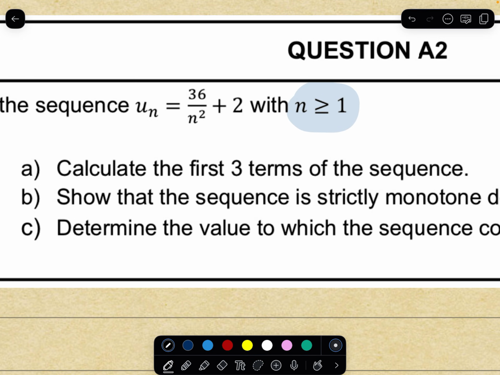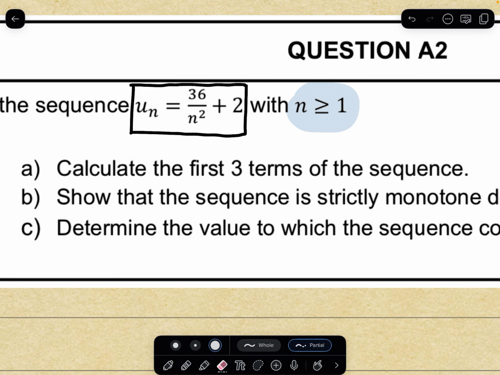sequence, it should be obvious that as n increases, since n is only in the denominator of the first part, the part 36 divided by n squared will be getting smaller and smaller. Eventually, if n became a really, really large number, the first part would be very, very close to 0.